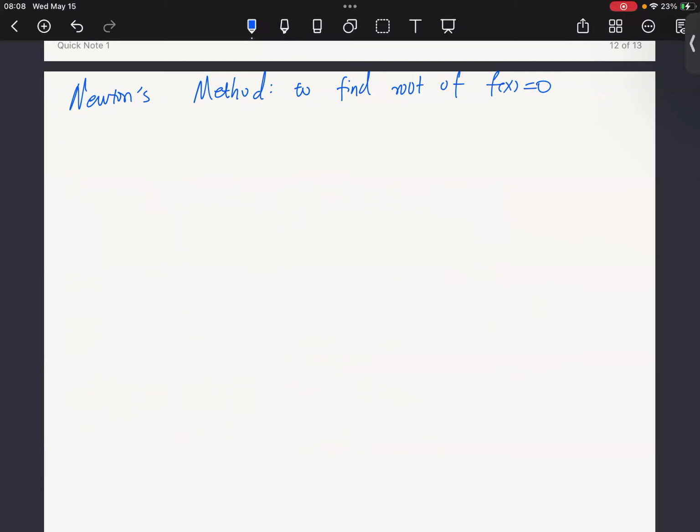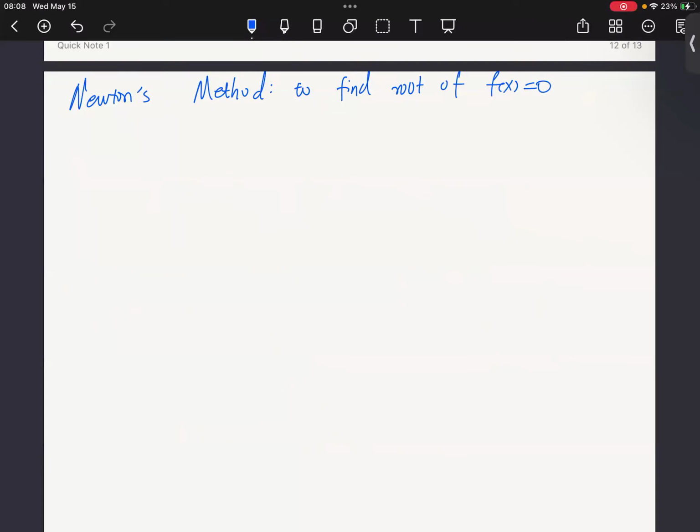This is something different from the fixed point methods. For the fixed point methods, you need to translate the root finding problem into a fixed point problem. But this one is directly used to find the root of the equation, the root finding problem here.